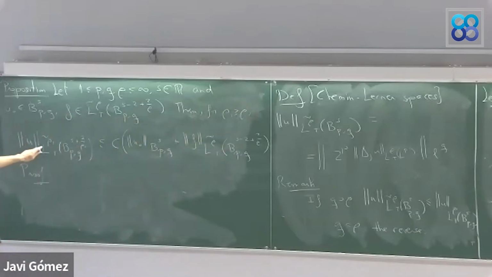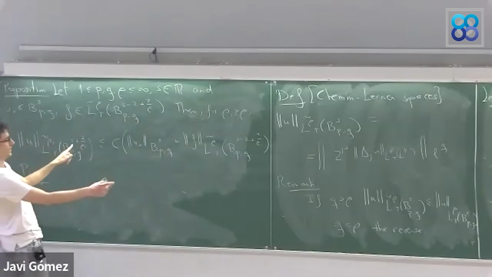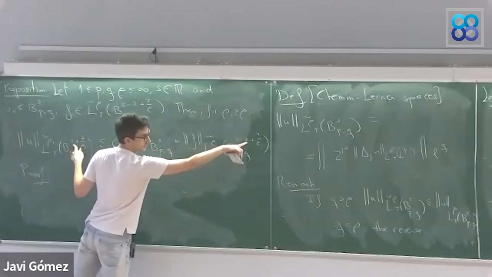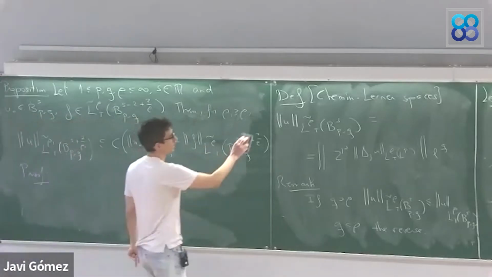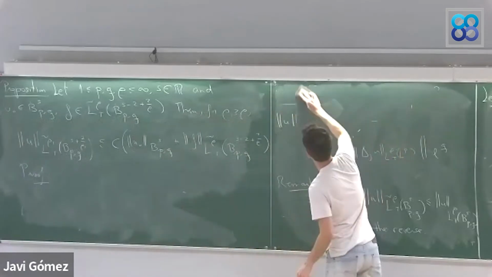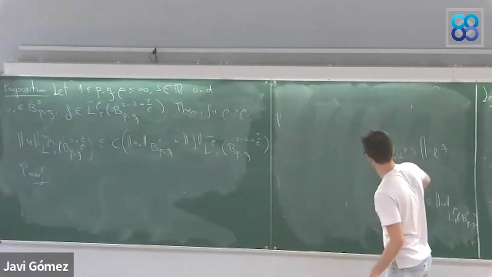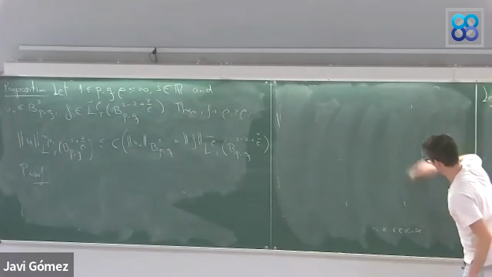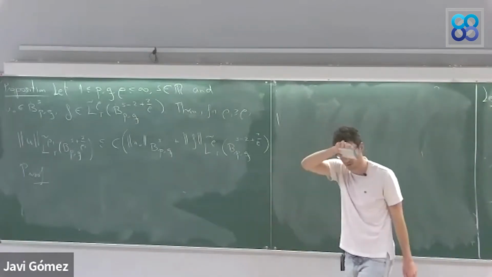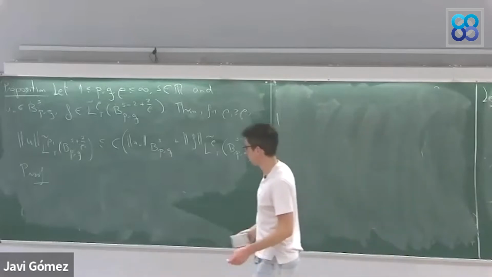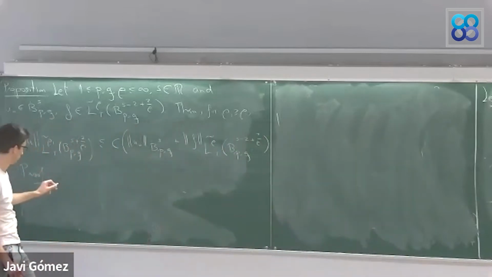So in particular, if we put rho 1 equal to rho, we see that we are getting here this. Okay. And the proof is very short, so just take the heat equation and apply this.